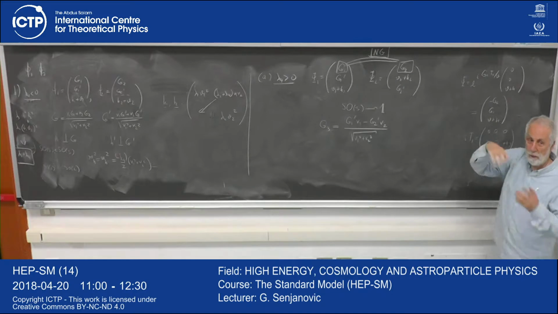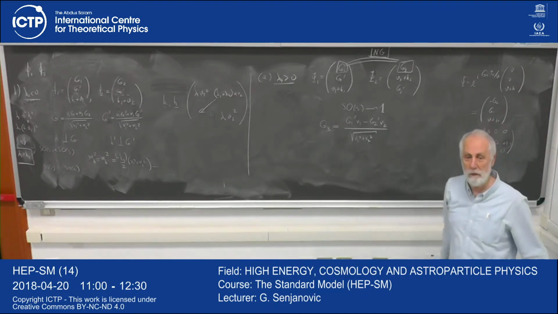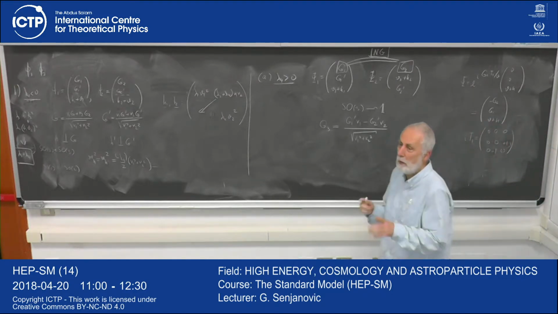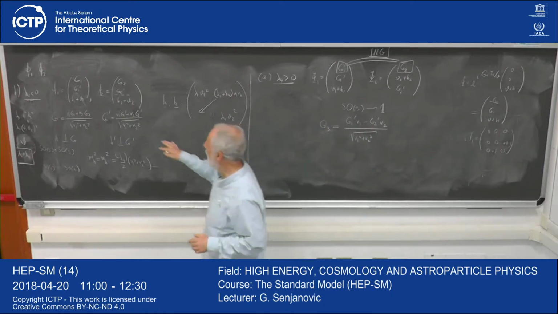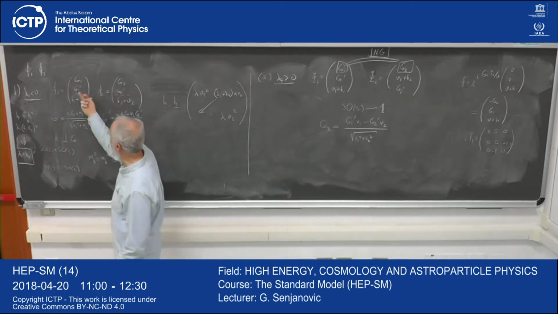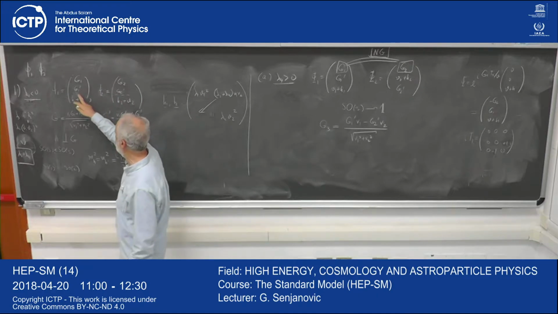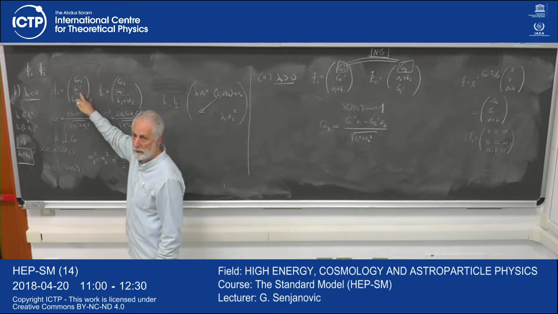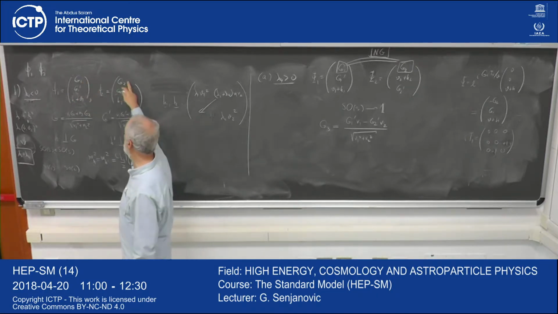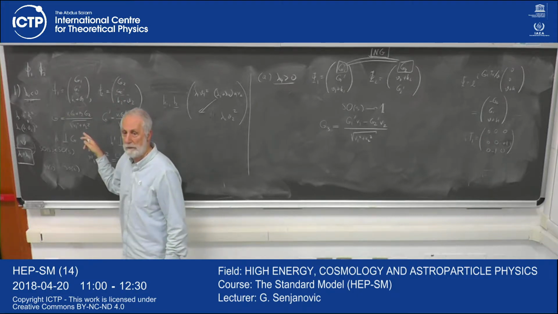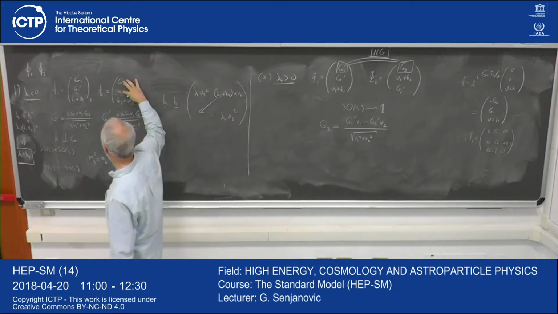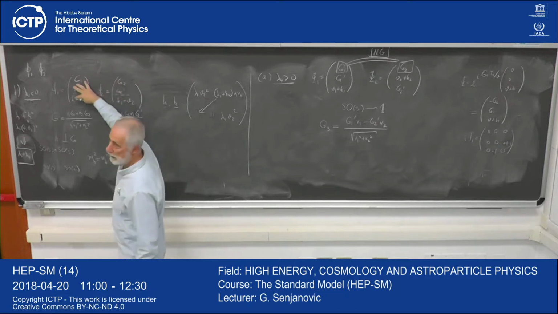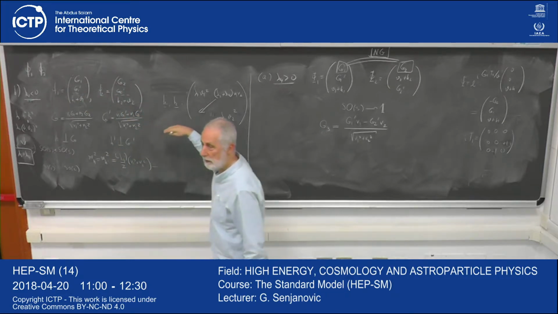The Goldstone bosons go as these phases of the generator. So if you have written carefully, you never know, then you have to think twice. It came out okay because I had the same convention here. It could have been wrong. Maybe I should have called this minus G1 prime or minus G1. It's irrelevant because that's just an overall sign. I have an SO(2) symmetry here, which is protecting me from an error.